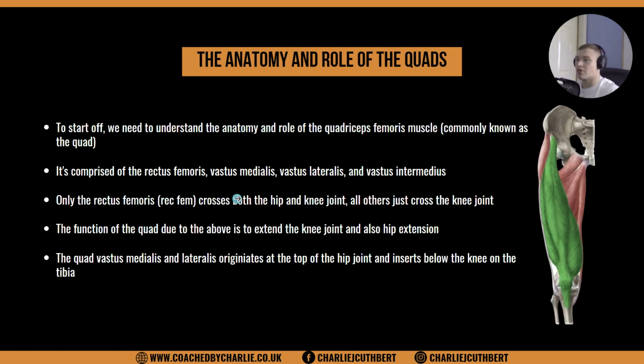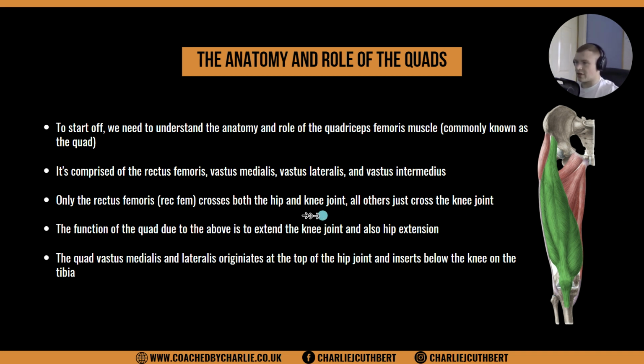The quad's main role is to extend the knee, but also to flex at the hips, because it crosses the hip joint, if that makes sense. So when we're training part of the quad, we'll train a bit of it more if we're in a flexed hip position, due to having more leverage for one of the parts of the quads.